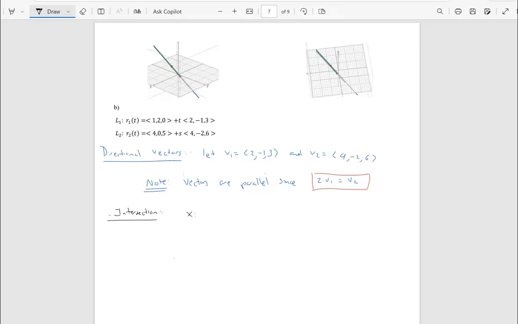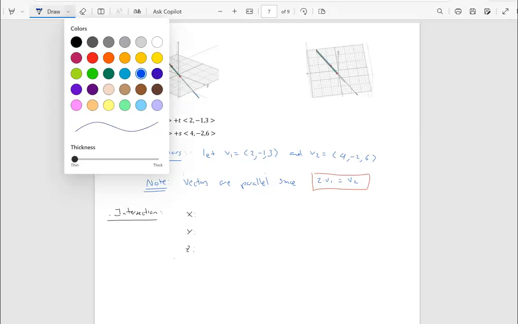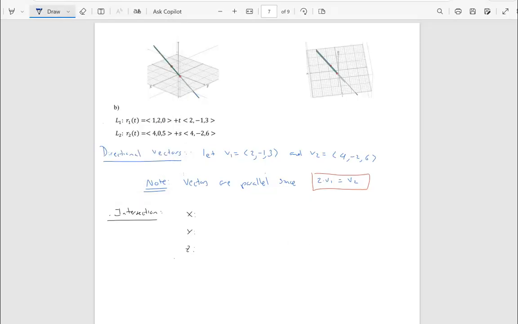Now, for the intersection, you have to check out the x's, the y's, and the z's. For the x values, this is going to be 1 plus 2t, equal to 4 plus 4s. Then for the y, 2 minus t is equal to negative 2s.